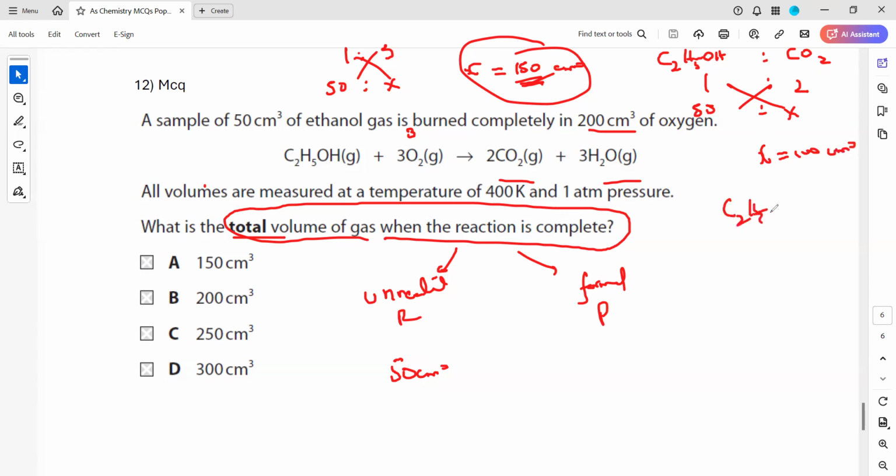And for C2H5OH and water, the ratio is 1:3. If you have 50 cm³, how much water will be there? Cross multiply. We got 150 cm³ of water vapor.